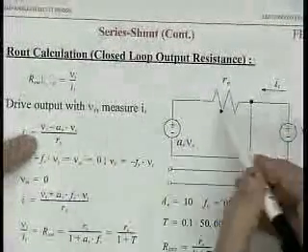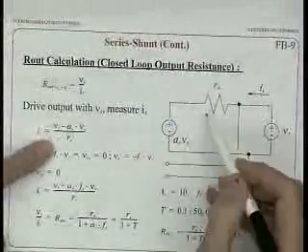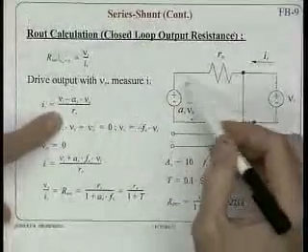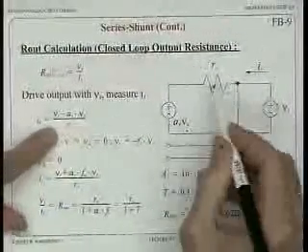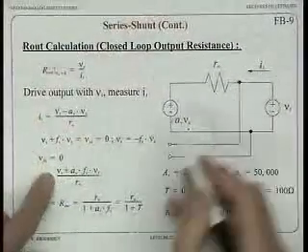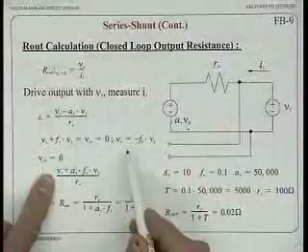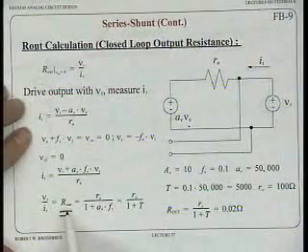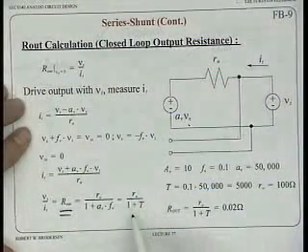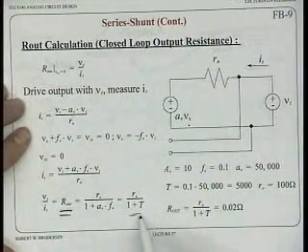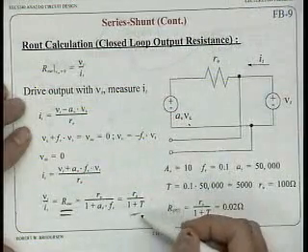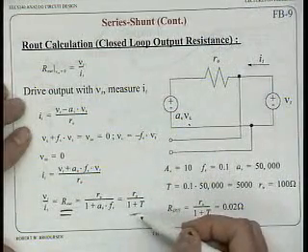The current I test is going to be V test minus AV times V air, because this is the voltage in the basic amplifier, divided by R0. We can use our formula for V air, go through all that, and we end up with R out equal to R0 divided by 1 plus T: the output resistance of the basic amplifier divided by 1 plus the loop gain.